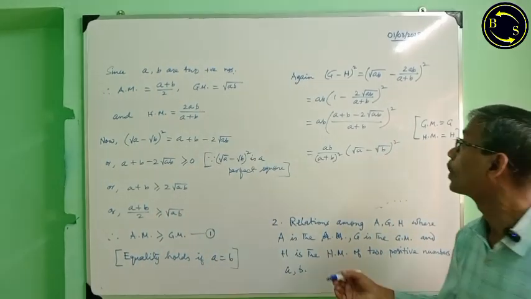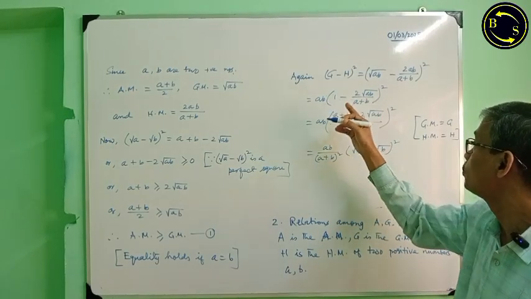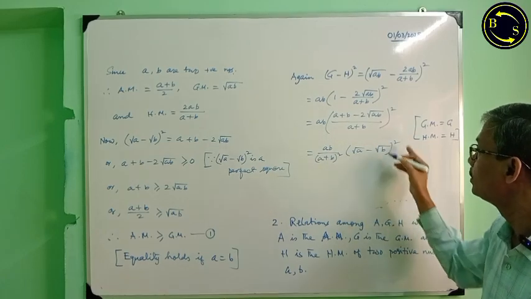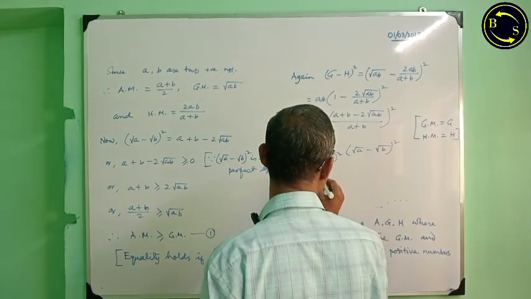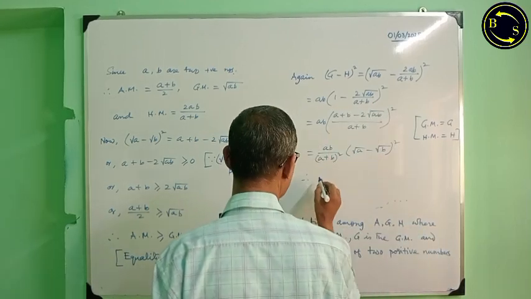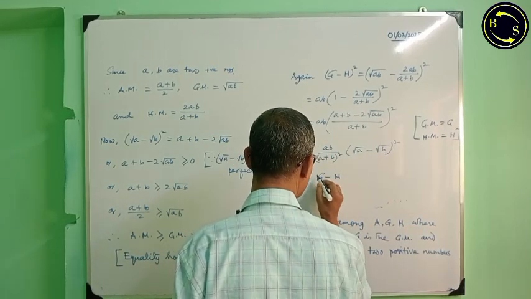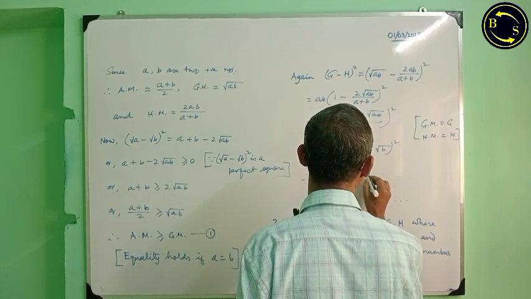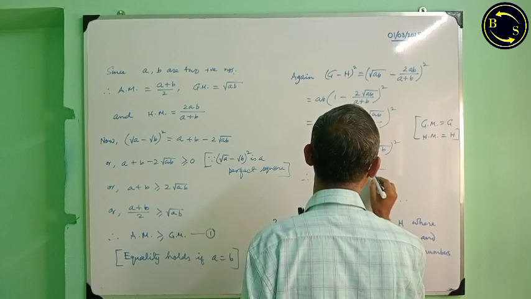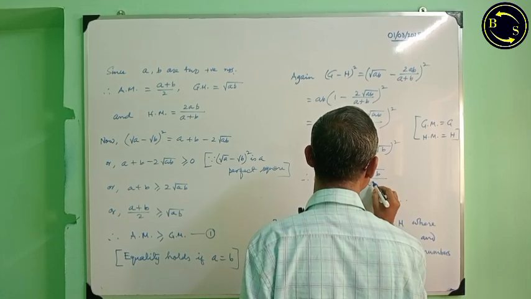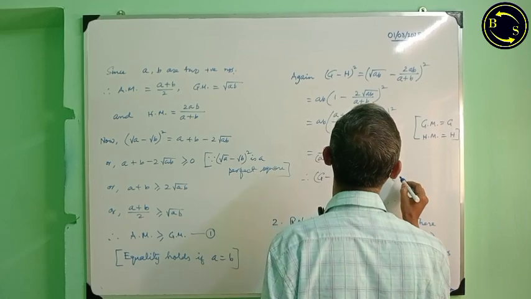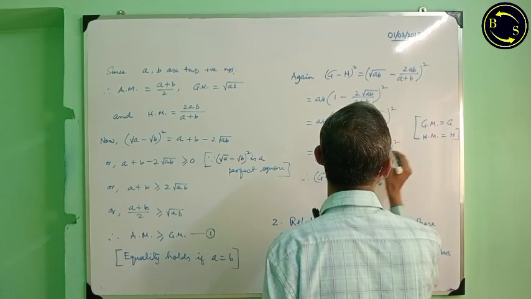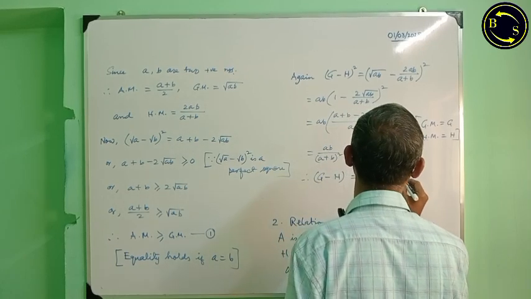Now, square of G minus H whole square. We see this expression. Now this is a perfect square, therefore we can easily say this will be actually whole to the power 4.